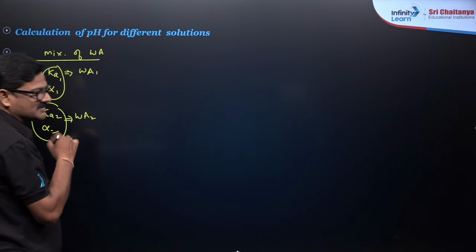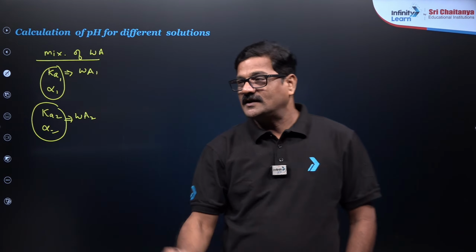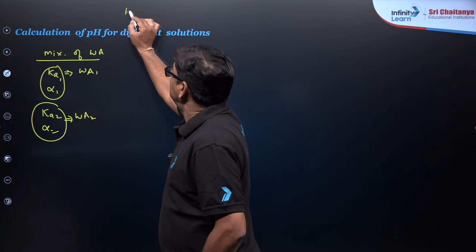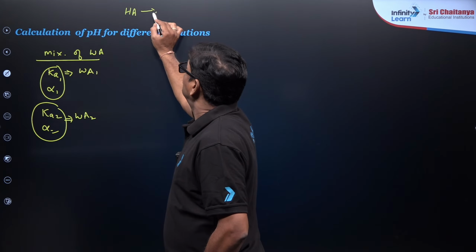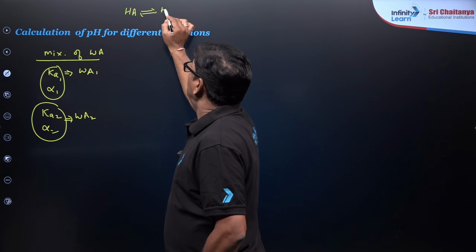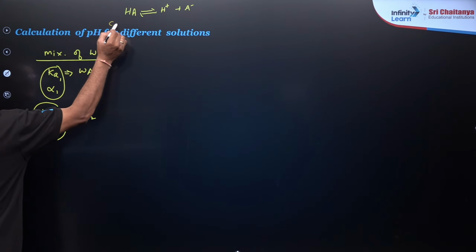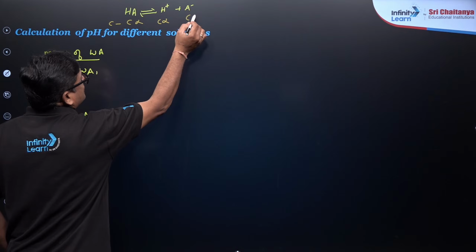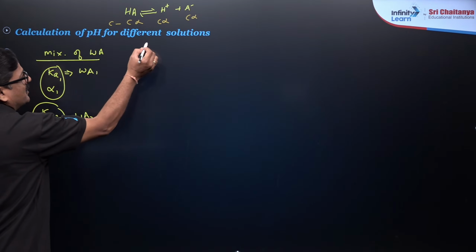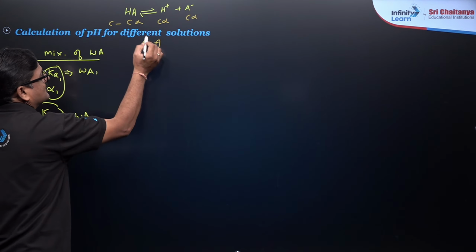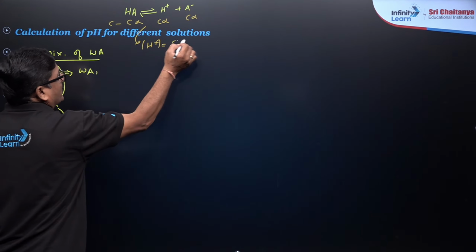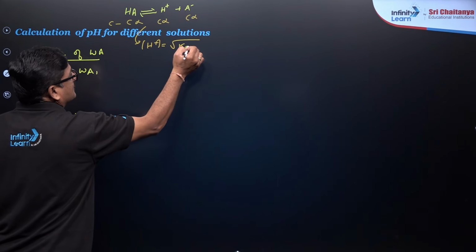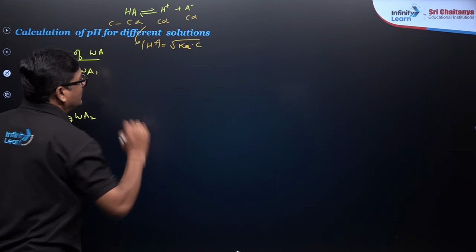If these two are mixed, we know that for a weak acid, HA gives rise to H+ and A minus, with concentrations C minus C alpha, C alpha, and C alpha. The H+ ion concentration, we know, is root of Ka times C.